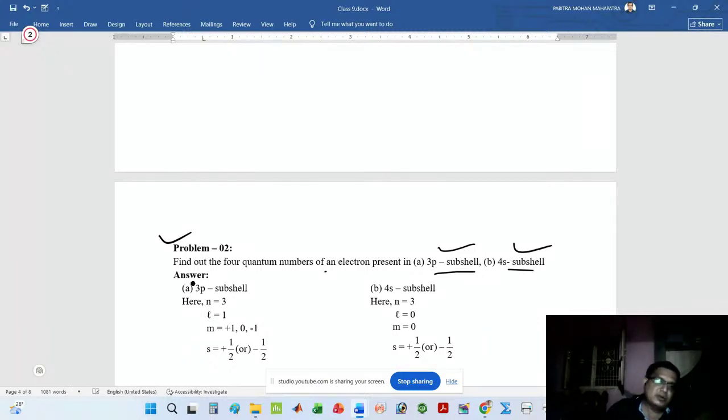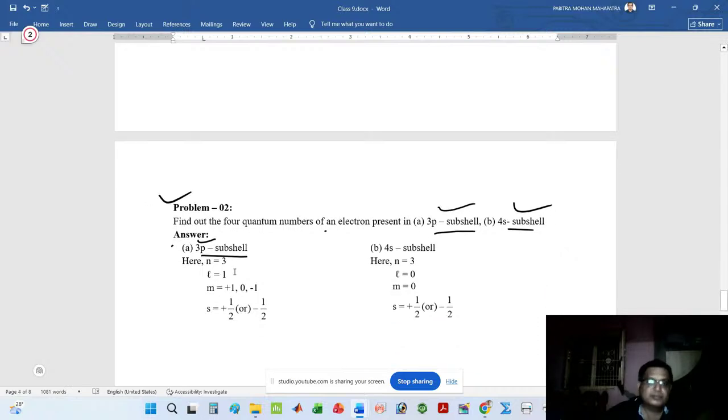At first, find it for the 3p subshell. 3p is given. That means your n value is 3. p is given. For p, l is equal to 1. If l is equal to 1, then it has 3 magnetic quantum numbers, that is plus 1, 0, minus 1.